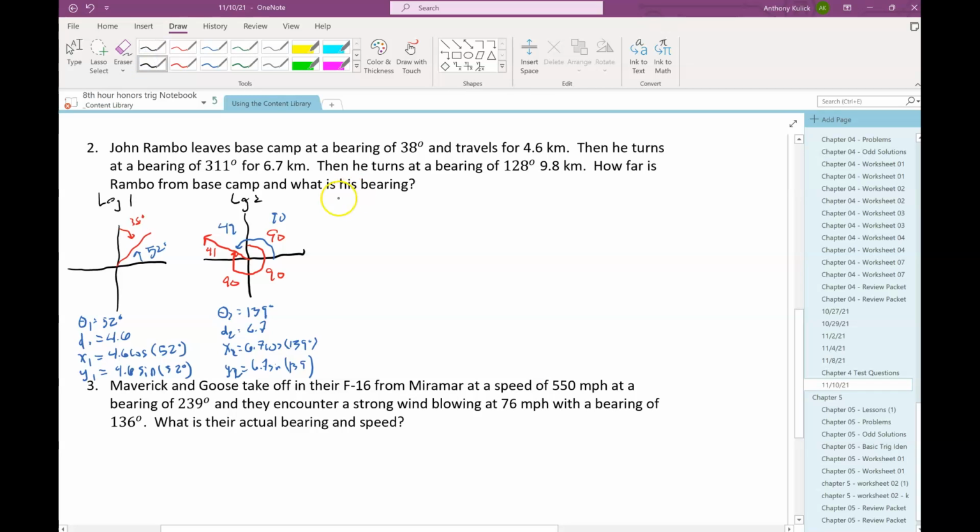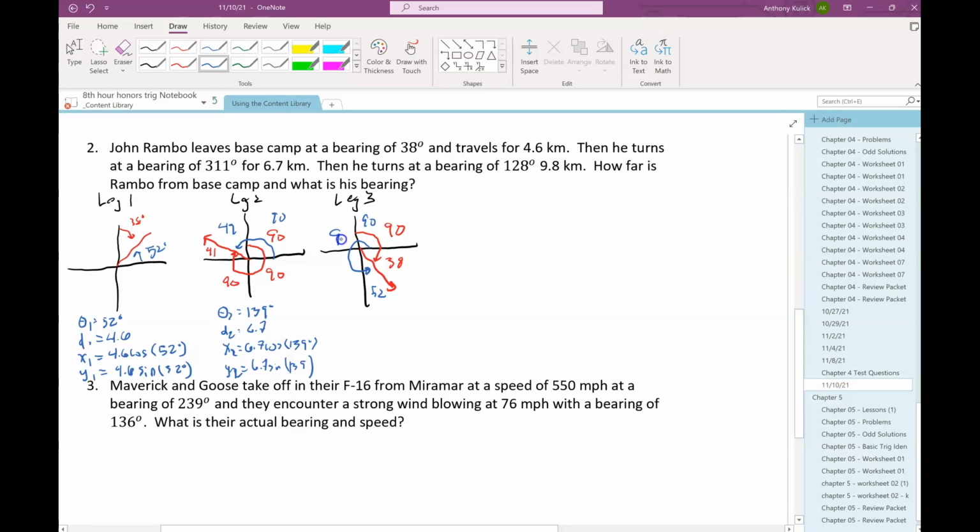Okay. And then our third leg, we got a bearing of 128. So we're down here. So 90, 38. So this spot must be 52.